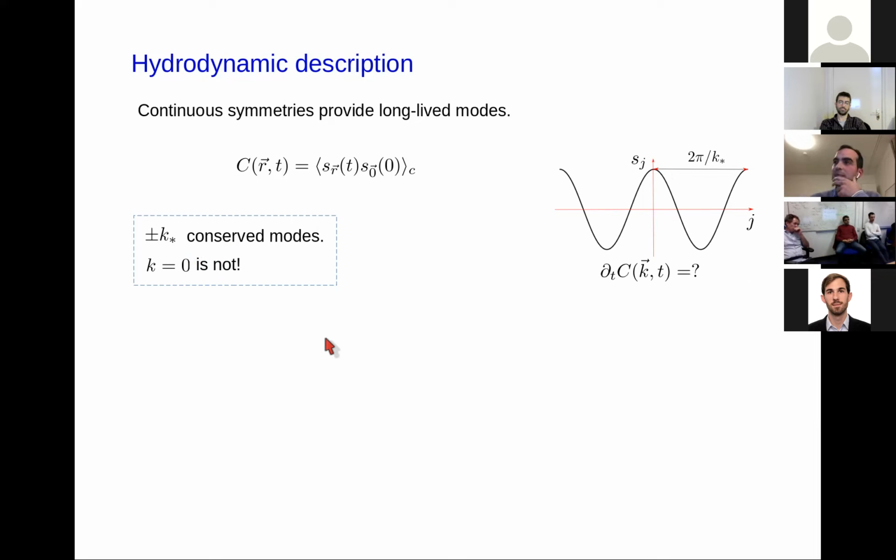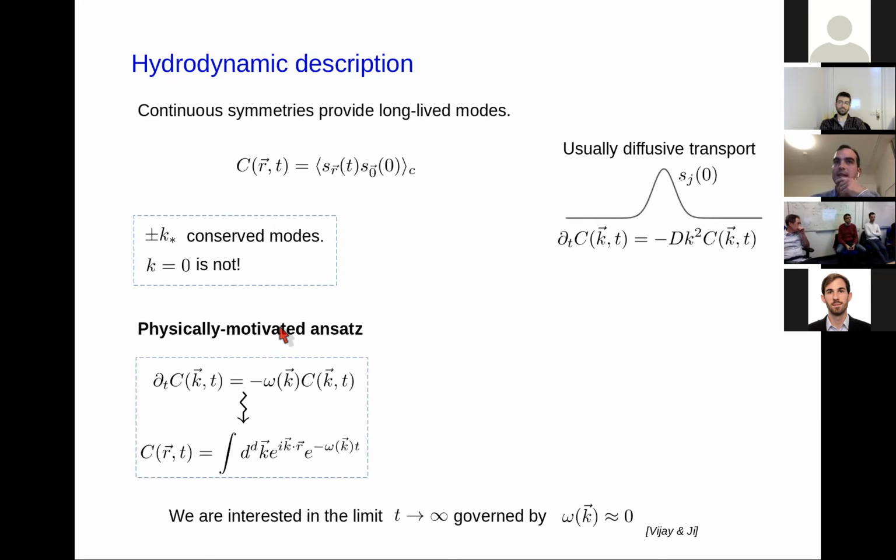In order to solve for the evolution of this correlation, we will assume a description in the spirit of hydrodynamics, and we will provide a physically motivated ansatz. We will say that the evolution of the correlation is again proportional to itself with some unknown function, such that the real space correlation in the long time limit is governed by the set of zeros of this function omega of k, okay?